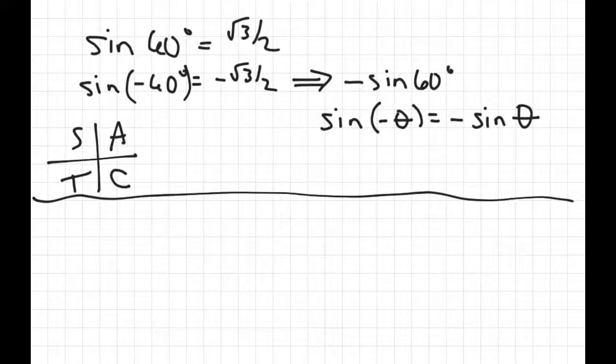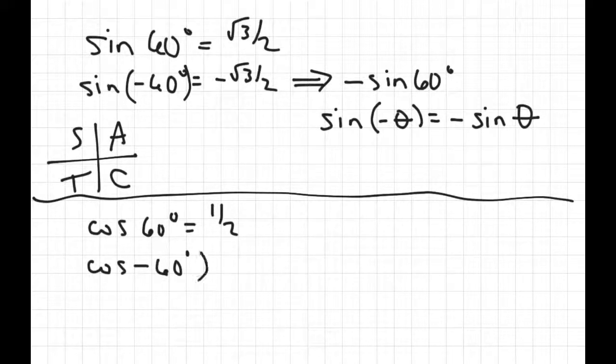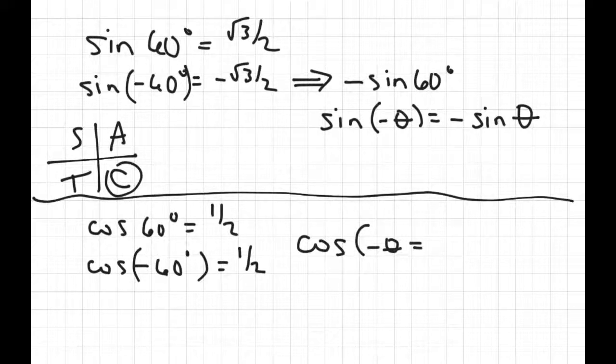Now let's look at cosine. The cosine of 60 degrees is 1/2, and the cosine of negative 60 degrees is also 1/2. Because in the fourth quadrant, cosines are positive, and in the first quadrant, cosines are positive. So the cosine of a negative angle is the same as just the cosine of that angle.